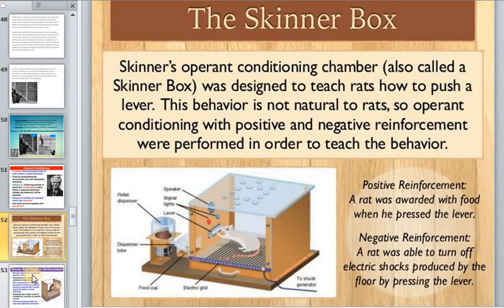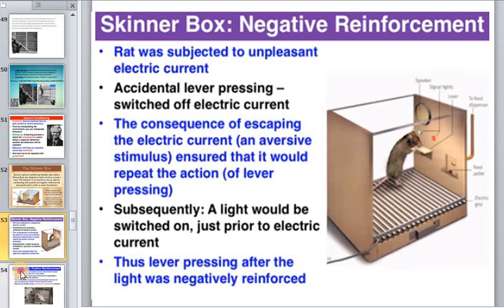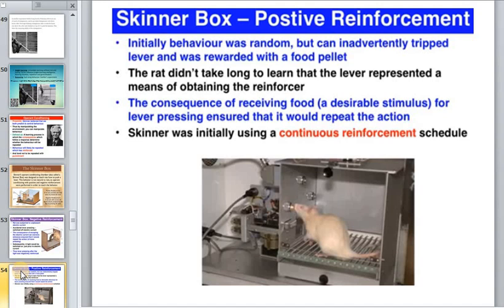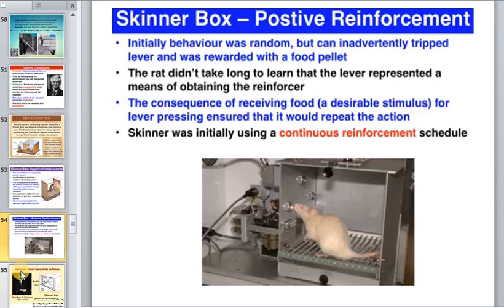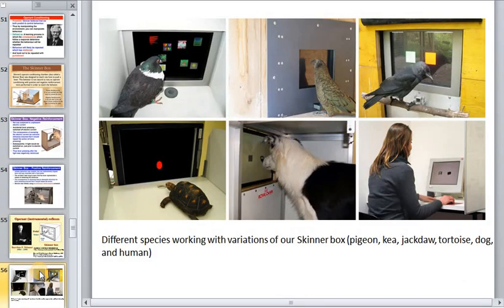I won't stop on this slide. Here we see negative reinforcement, and next, positive reinforcement. We discussed all this, and I will add the video links too, but you have these links from the previous practical.